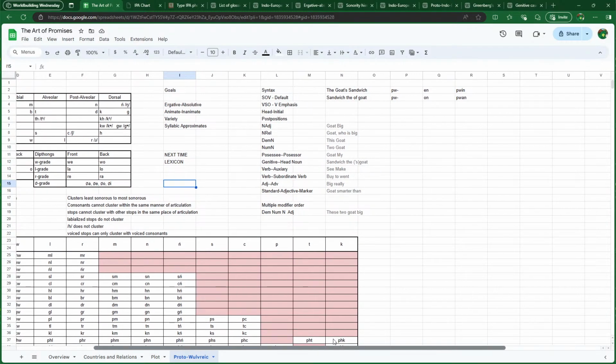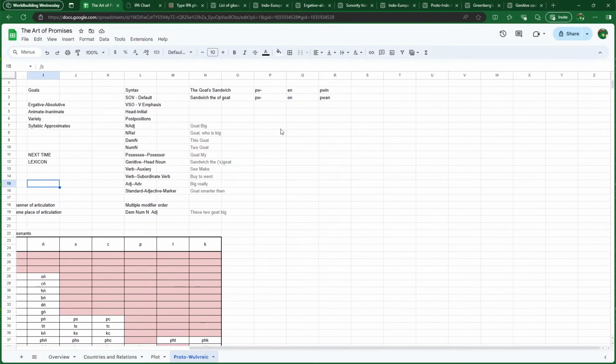So we have ergative absolutive alignment. Now, what that means is the agent, the subject, and the object.